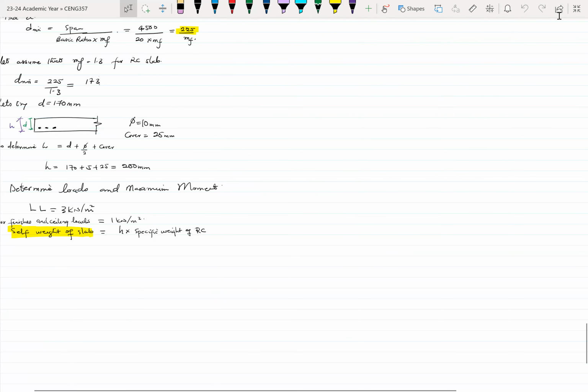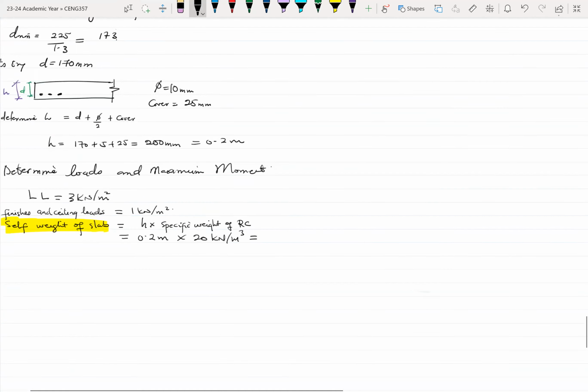Okay, so this is the height. We convert the overall depth to meters. So this is 0.2 meters. I can put here 0.2 meters times 20 kilonewtons per meter cube.